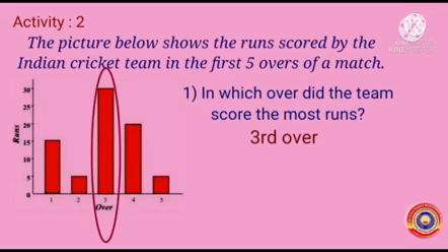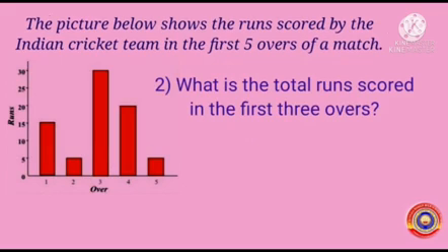Yes, it is in the third over. The team scored 30 runs in the third over. Next question, what is the total runs scored in the first 3 overs? We have to find the total number of runs scored in the first 3 overs from this bar graph. Runs scored in the first over equals 15.